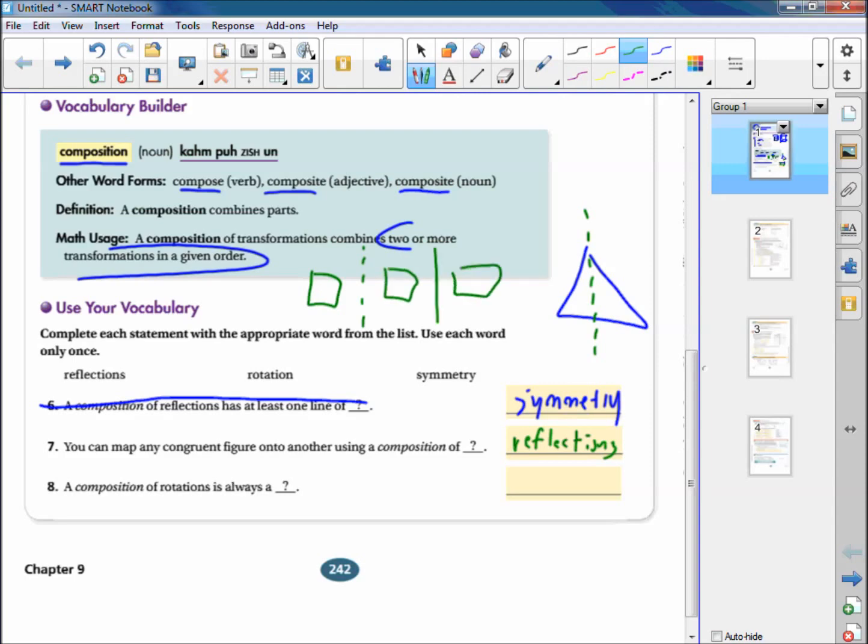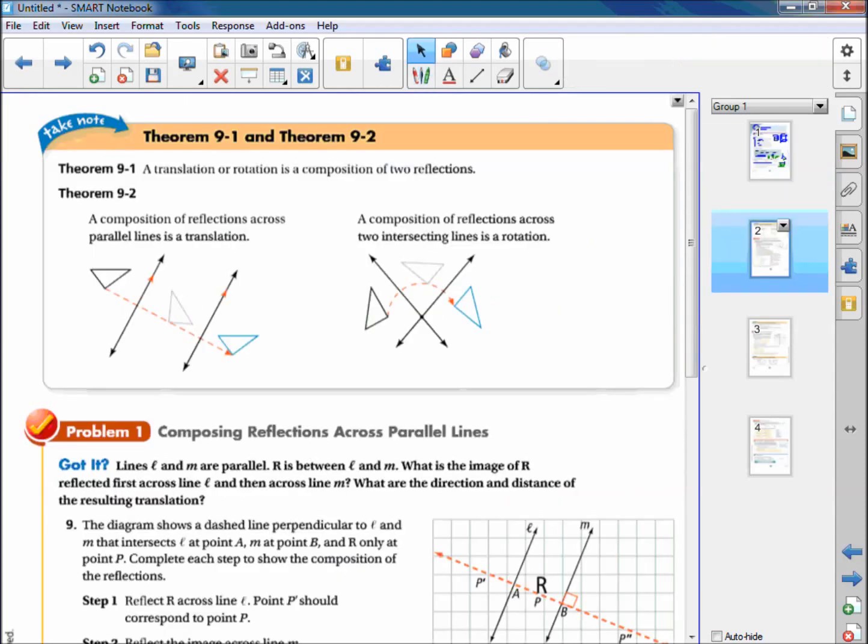If we flip it again, it's back to the same orientation. Okay, so a composition of rotations is always a rotation. If you spin it 80 degrees and then you spin it 20 degrees, it's the same as if you spin it 100 degrees. So you don't have to do those two separately. Okay, all right, let's flip it over and see what's on the second page.